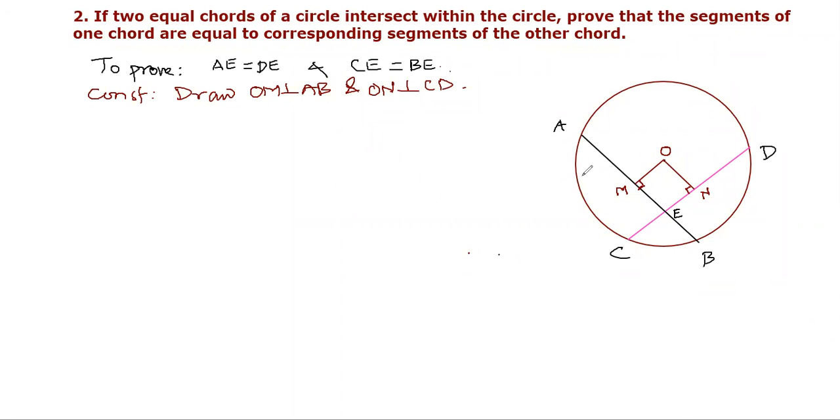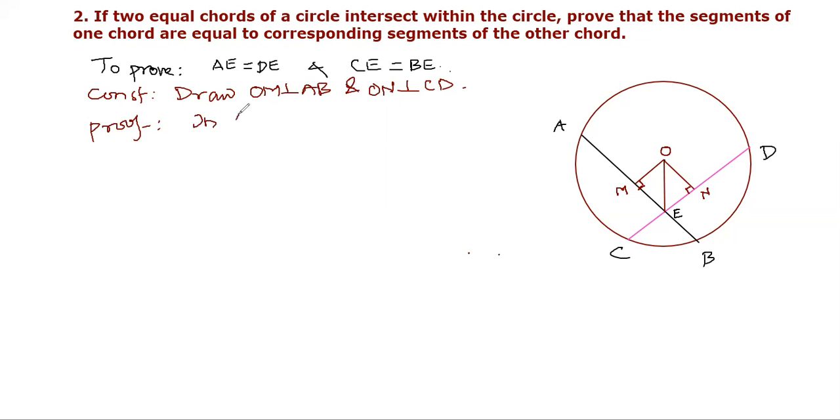Then join line OE also. Now we have to consider these two triangles OME and ONE. In these two triangles, we can use RHS, because these are right triangles.